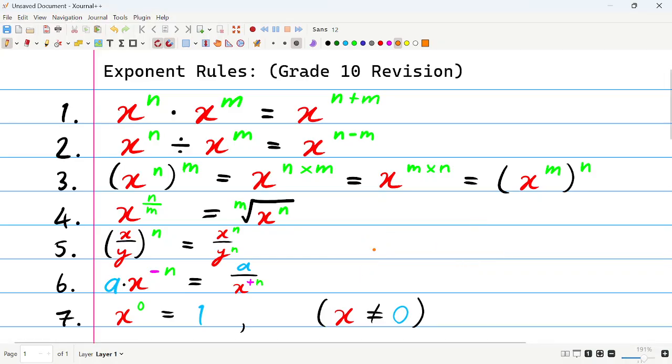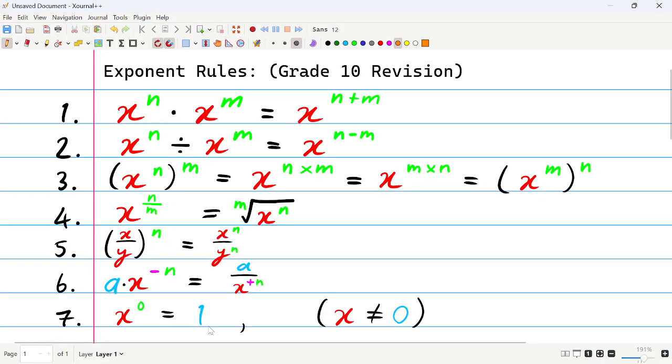Now with the final one, notice that we have x to the power of 0, not x degrees. It's not degrees. I tried my best to make it a longer circle, so an oval shape, to make it look like a 0. Anything to the power of 0, or x to the power of 0 in this example, is equal to 1. If you raise anything to the power of 0, then you will get an answer of 1.